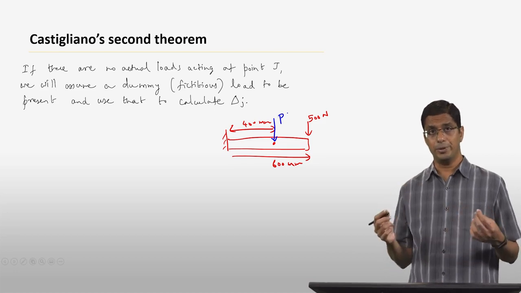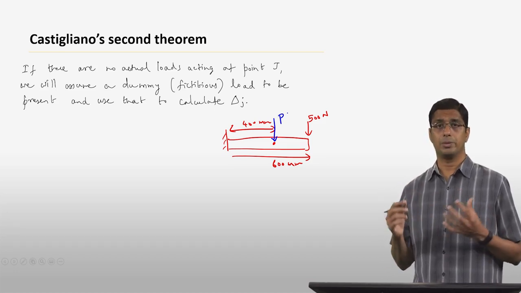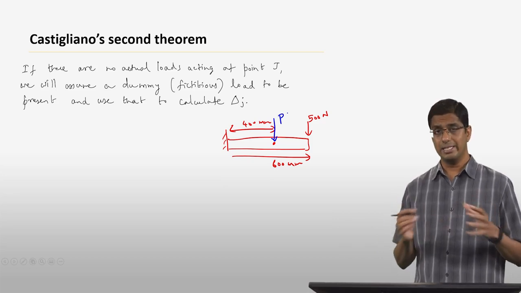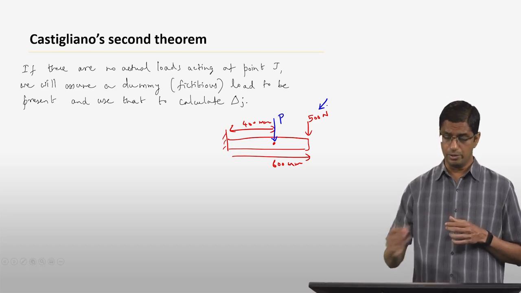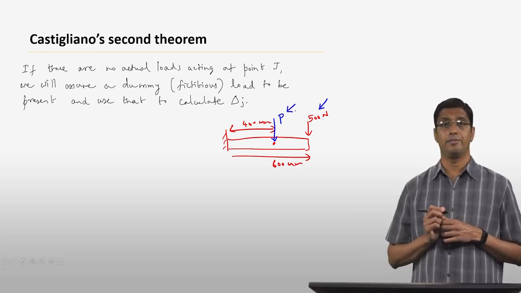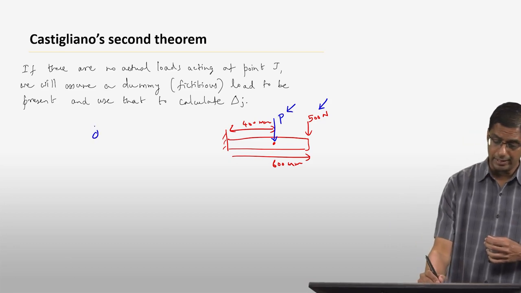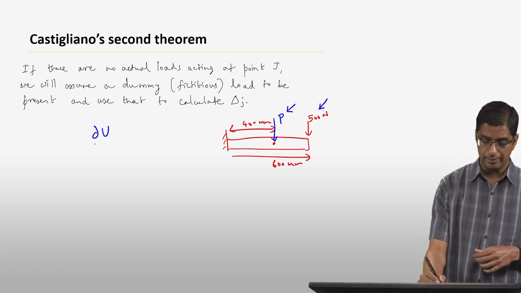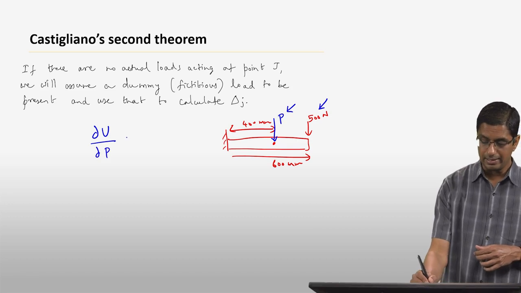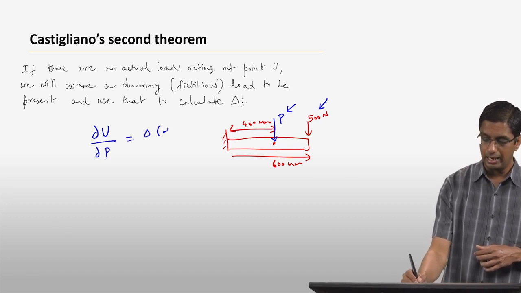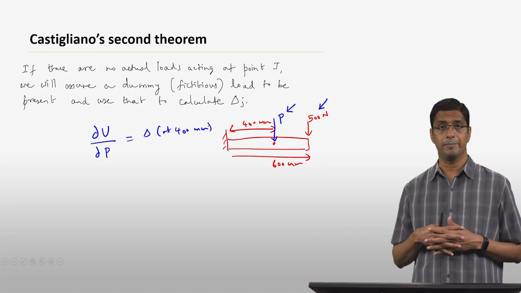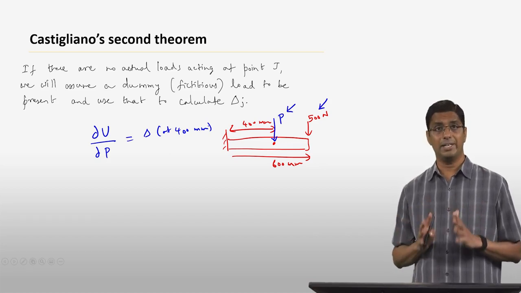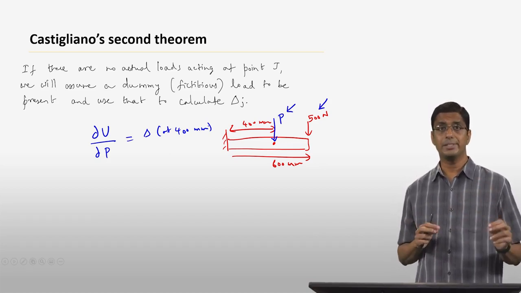Then you find out the total strain energy in this cantilever due to this applied load of 500 newtons and also this fictitious load of P, and you take the derivative of that strain energy U with respect to P, and that will still give you the delta at 400 millimeters. Again, this might look a little bit abstract right now, but when you do a problem, it will become kind of obvious.